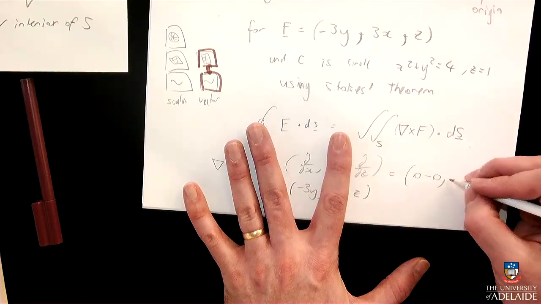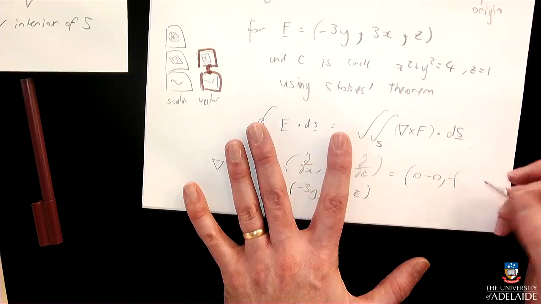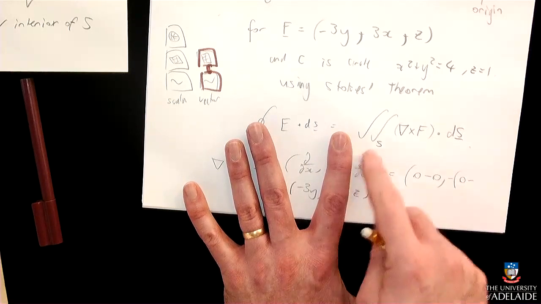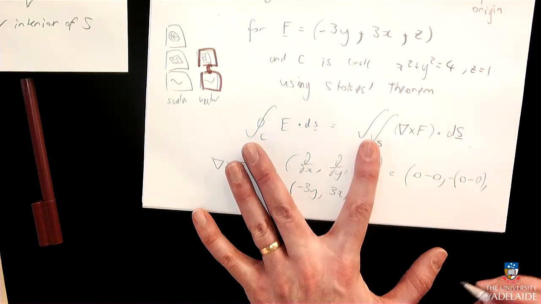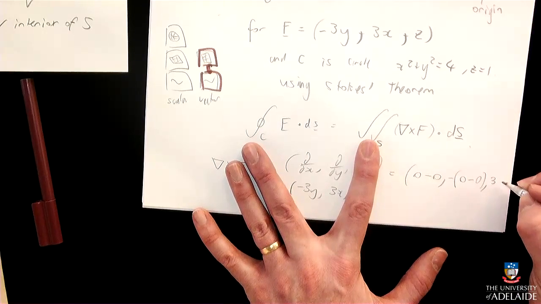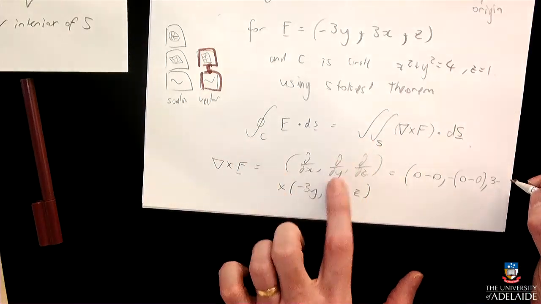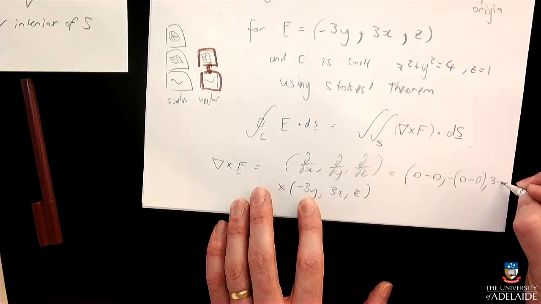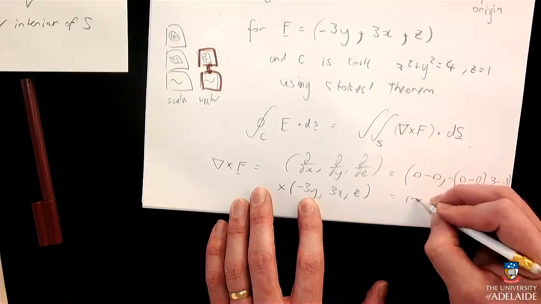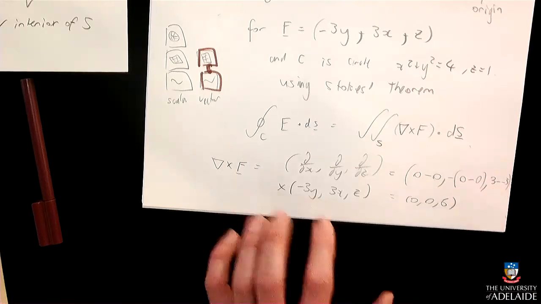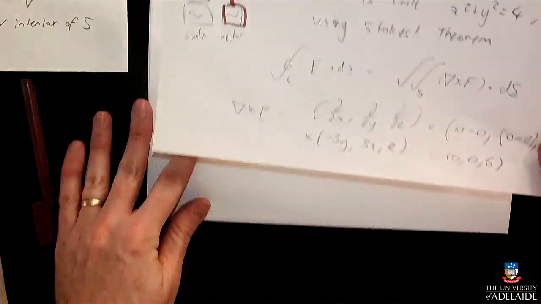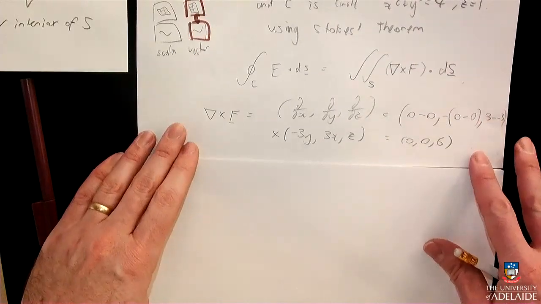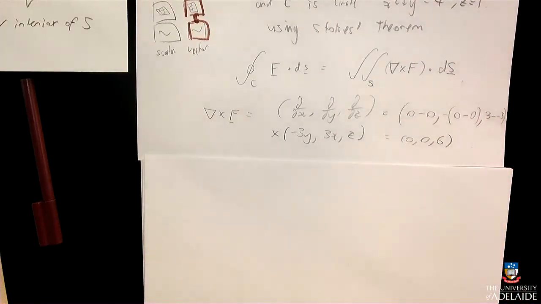And then we're going to get minus d/dx of z, which is 0, minus d/dz of 3y, which is also 0. And then we're going to get d/dx of 3x, which is 3, minus d/dy of minus 3y, which is minus 3. And so we're getting 0, 0, 6. Okay. That's interesting. I reckon we're going to be able to avoid parameterizing this thing.